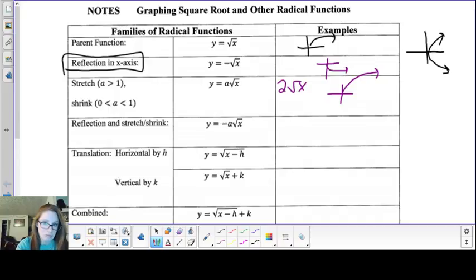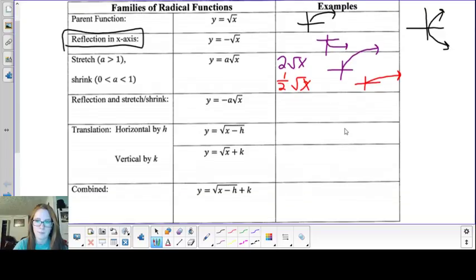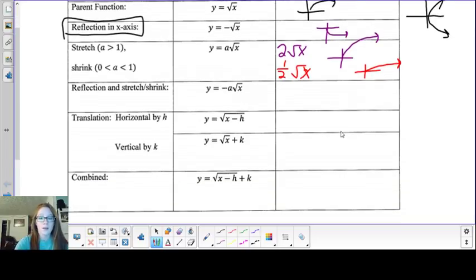If I have, say, a half, he's going to take a really long time to get big. So he shrinks. I can have a stretch and a reflection at the same time.